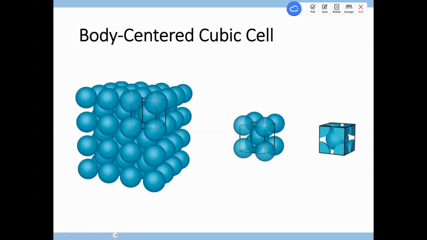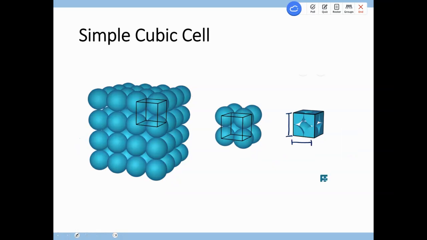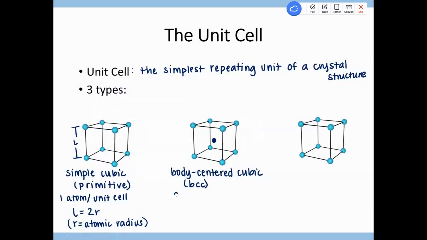So per unit cell, there are 2 atoms. We have the 1 atom, which is the sum of all 8 corners, 1/8 of an atom at each corner, plus the atom in the center. So for body-centered cubic, we have 2 atoms per unit cell.